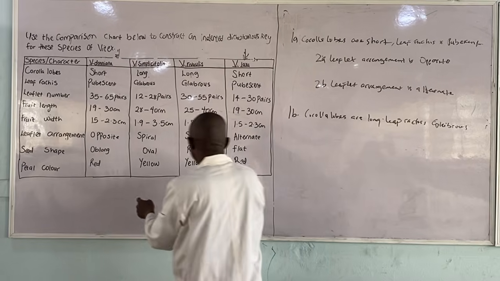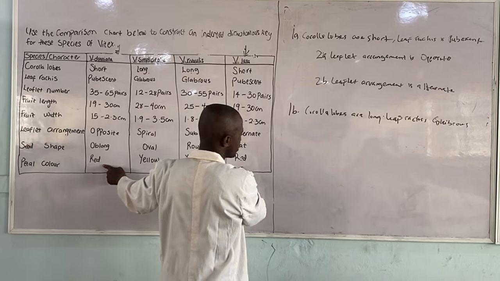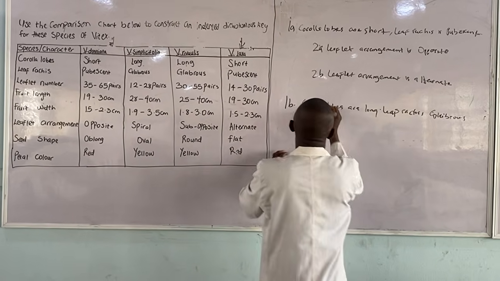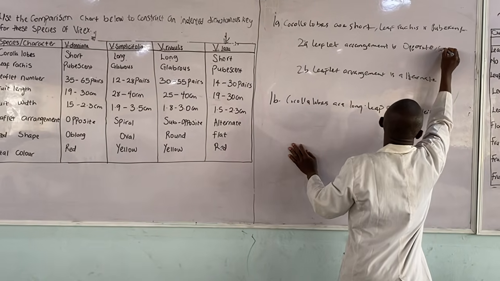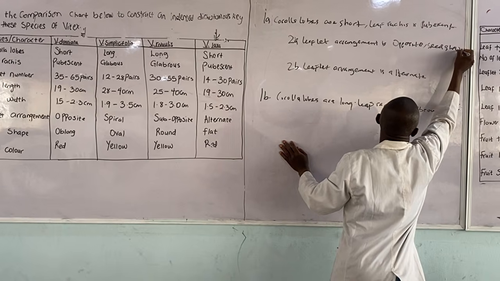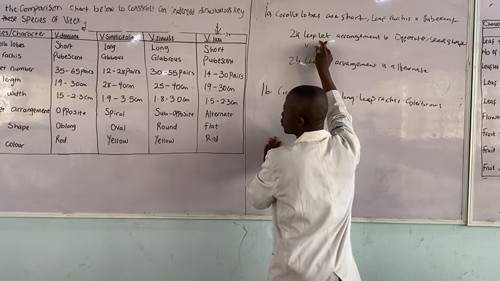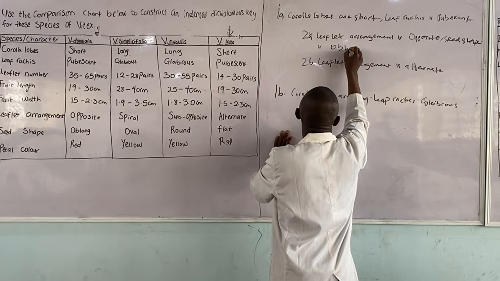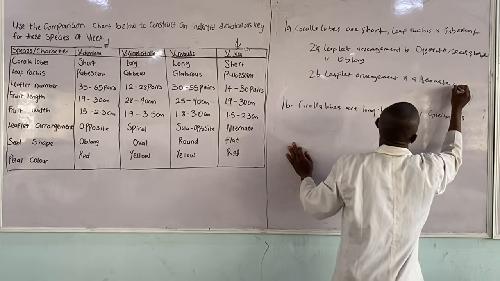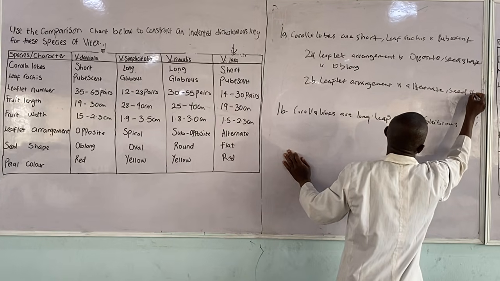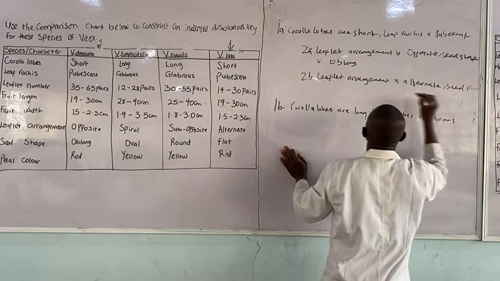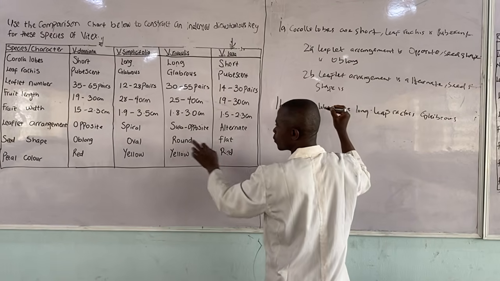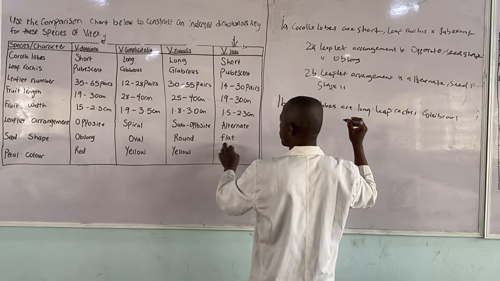But pale color, red cannot be used to differentiate them. So we use oblong and flat. So seed shape is oblong. Seed shape is flat.